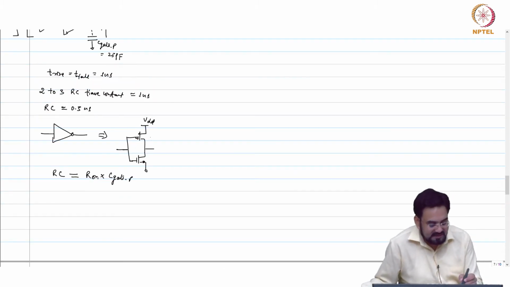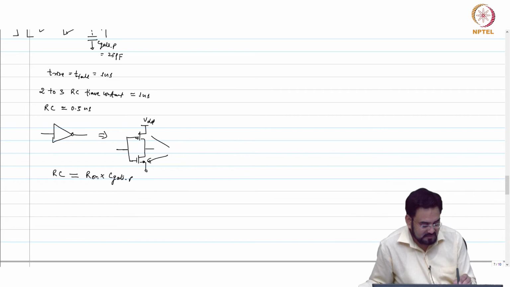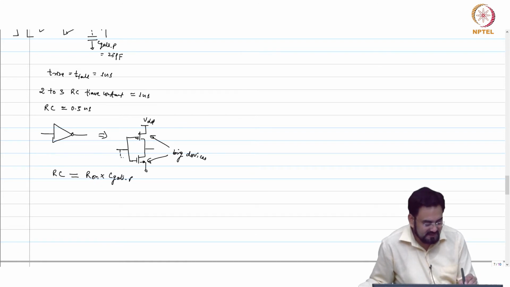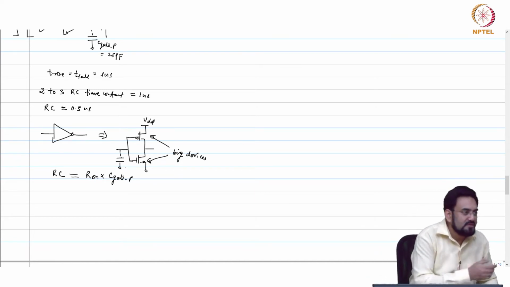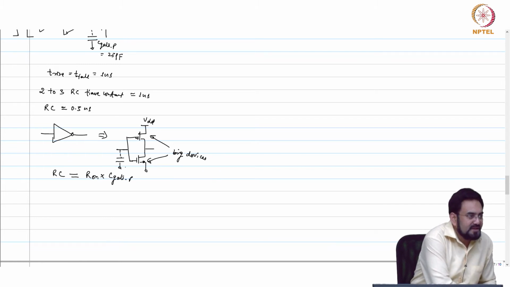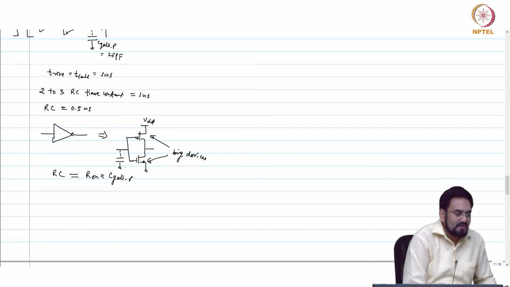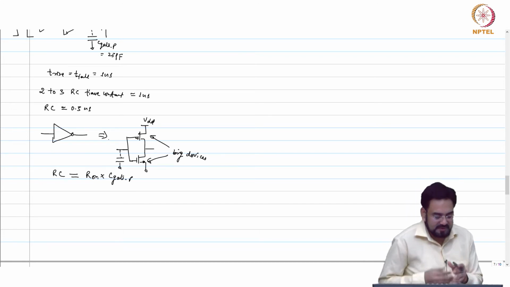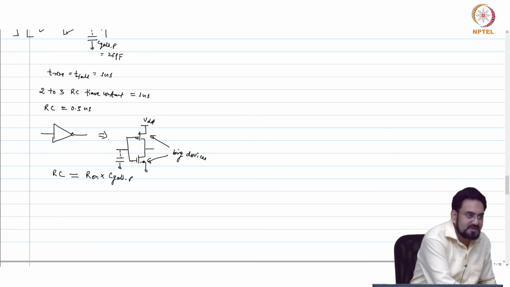Now once you have that, this device is also big. Big devices will have their own cap again, so the previous stage should also be capable of driving that. This may be on the order of 1 picofarad. In order to drive that, you have to find what size you will require, again based on your RC time constant.